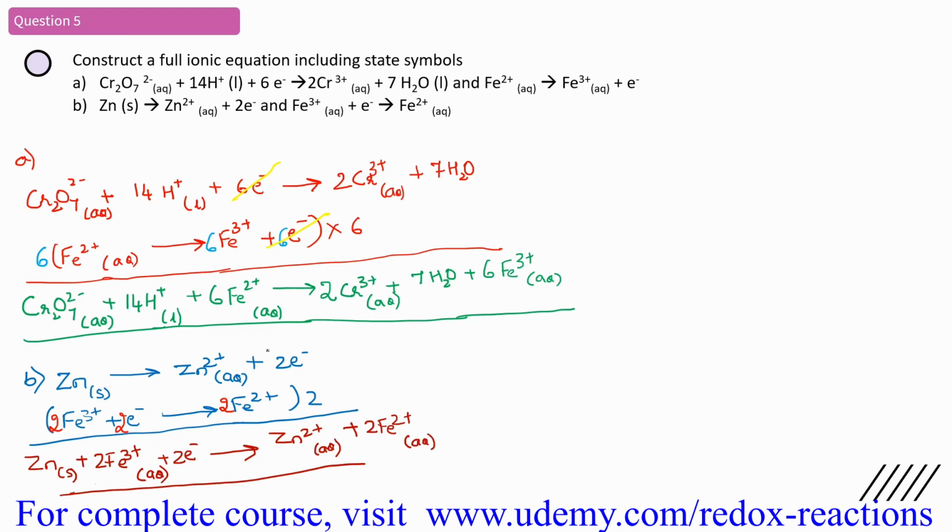So here we see that the electrons on the LHS and the RHS get cancelled, and finally this would be the full ionic equation with their state symbols.